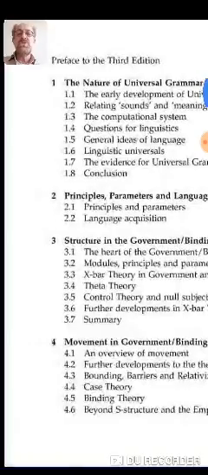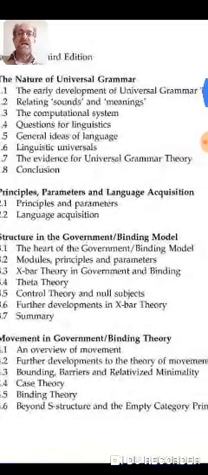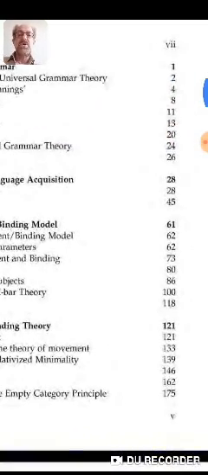Then we go to chapter 2, Principles, Parameters, and Language Acquisition, beginning on page 28, ending on page 60, okay? Chapter 3 begins on page 61. So from page 28 up to page 60, we are going to study these 2 chapters.